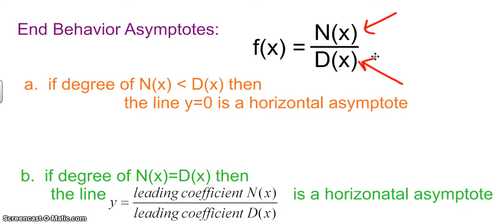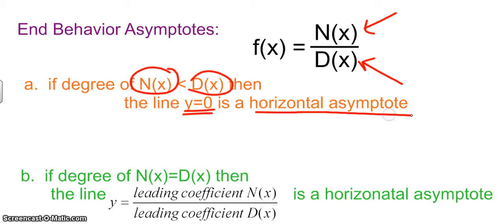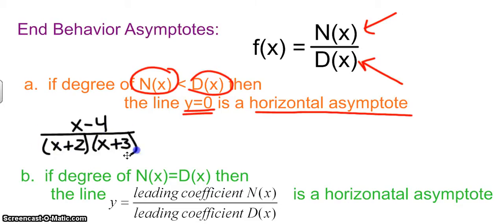So, thinking about the degree of our numerator versus the degree of our denominator, after we've simplified our function, so we've crossed off any holes that have existed, if the degree of the numerator is less than the degree of the denominator, then the line y equals 0 is a horizontal asymptote. For example, let's say we have the function x minus 4 over x plus 2 and x plus 3. We've already canceled out a hole that existed, or maybe there wasn't even a hole to cancel.